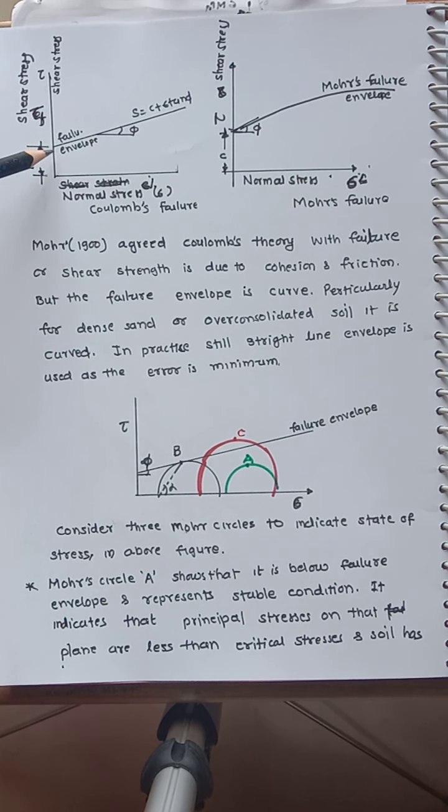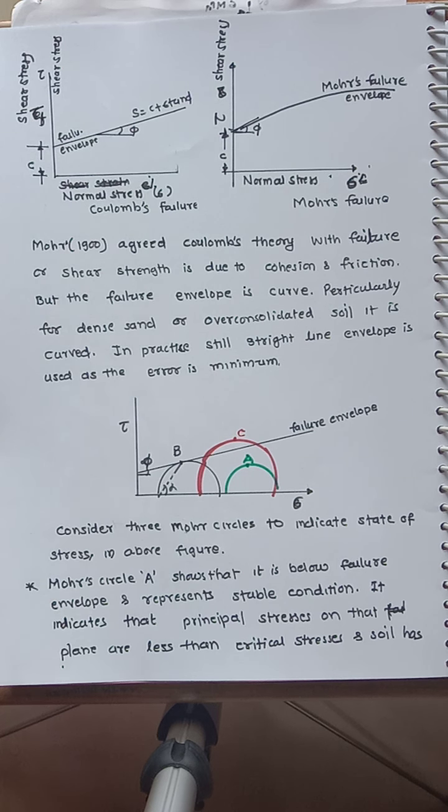Coulomb's equation gives a straight line. Suppose I keep both axes to the same scale, I can directly measure the angle. You can even extend this line, it is not necessary to pass through zero, and then measure the angle.